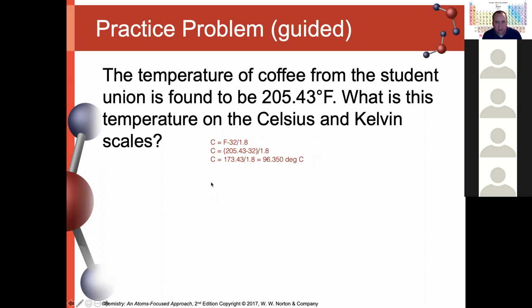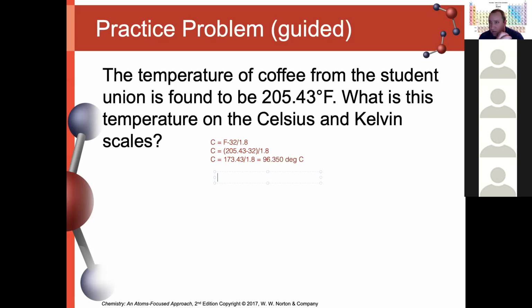Now to turn that into Kelvin. Mr. Brock. Yes, Chassie. So when I did it, I got 96.35. Yes, did I say 5.3? No, you said the 0 at the end. It didn't pop up on my calculator. Okay, so that happens from time to time. Your calculator does not do significant figures. No calculator does.